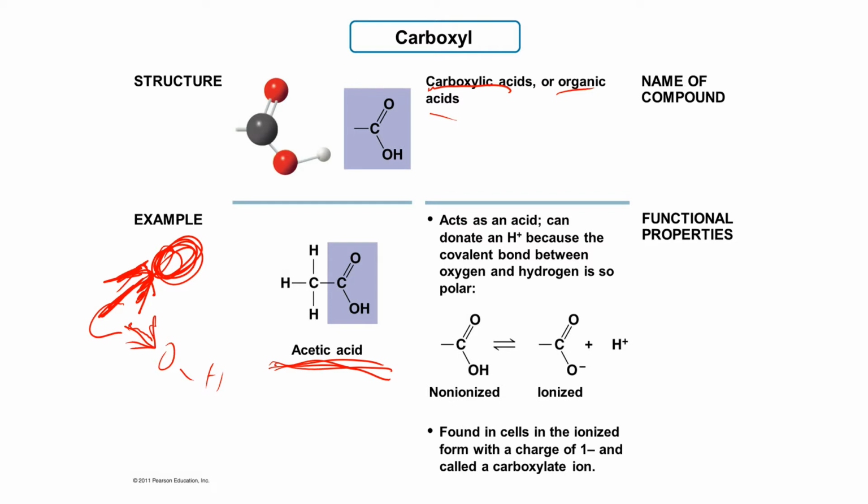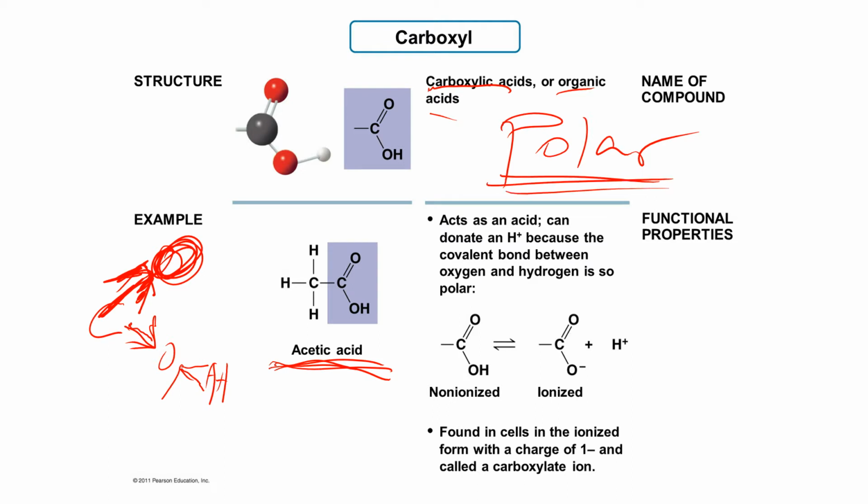And then you have more electrons being pulled to this oxygen because hydrogen has a very low level of electronegativity in comparison to oxygen. So the oxygen atoms are highly electronegative, pulling all these electrons to them. This makes carboxyl groups very polar.